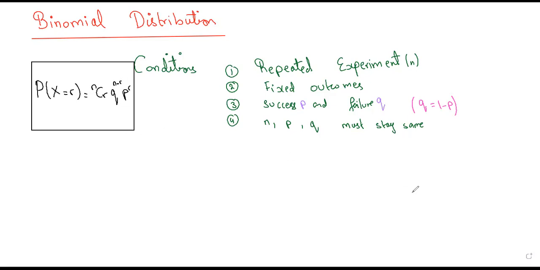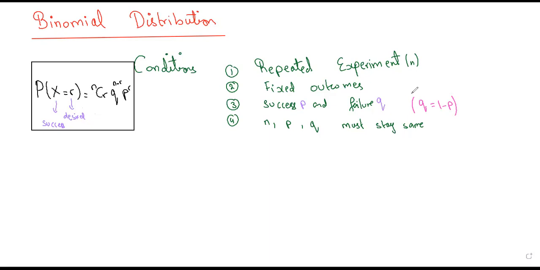Now let me add a few things. This is the success thing. You'll see it would be different in all the questions. This is the desired number of times we are wanting success.